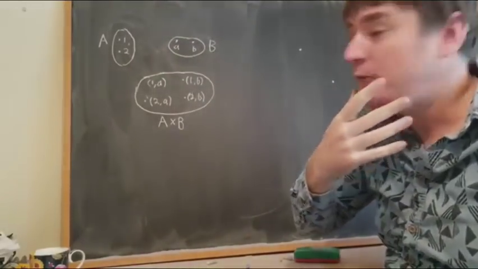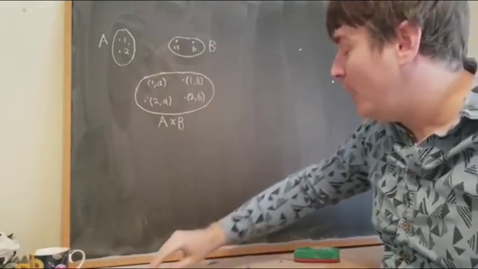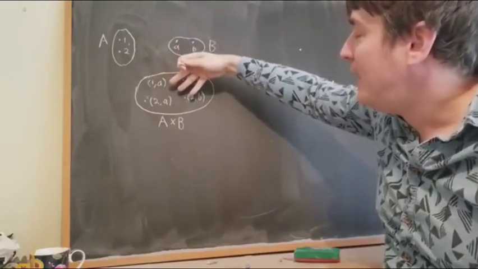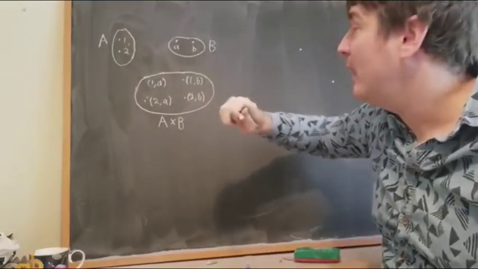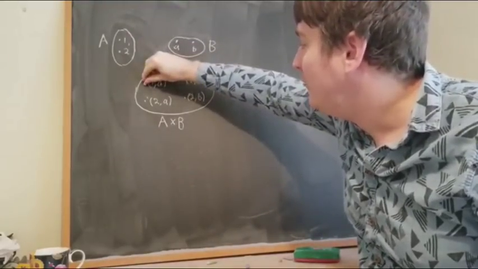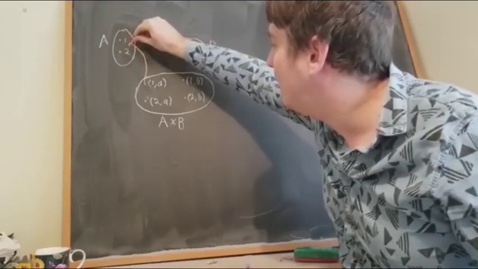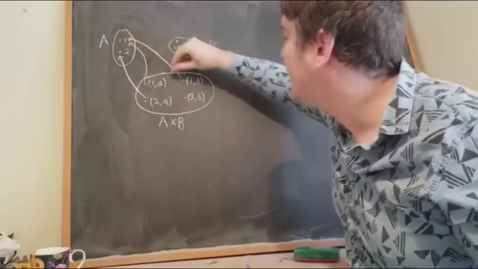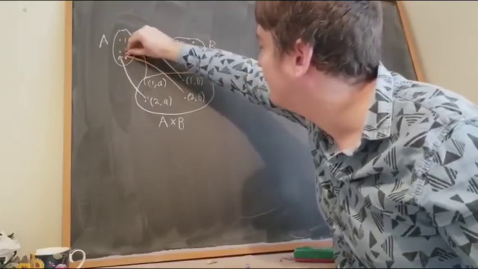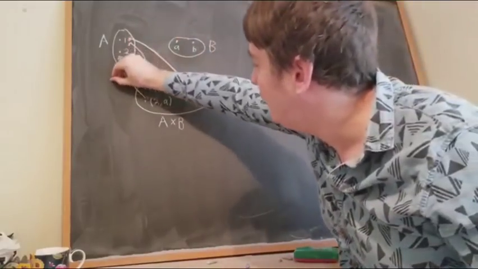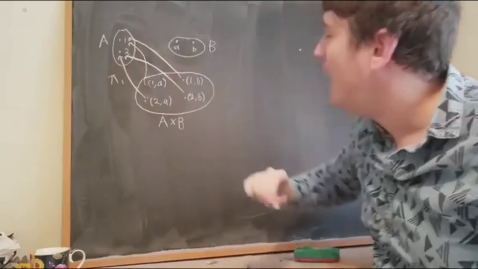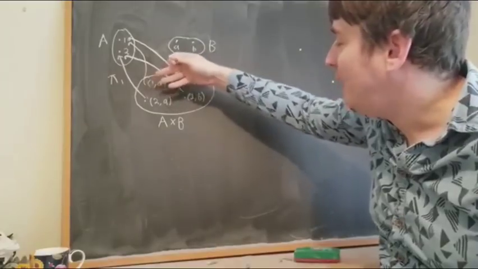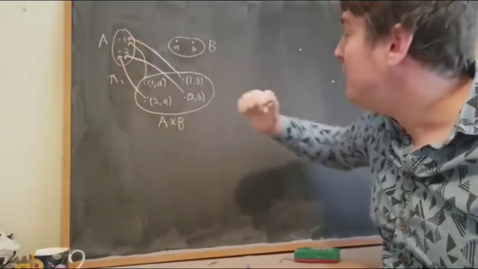So what kind of functions do we know about this? Well, we know that there is a special function which goes from this set here, this product, to the set A, and that's the one that just takes the first entry in a pair. We can call this function pi1, and it's basically a projection. We're projecting down onto the first entry in the pair.